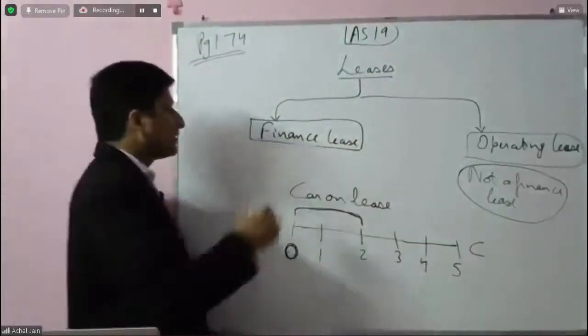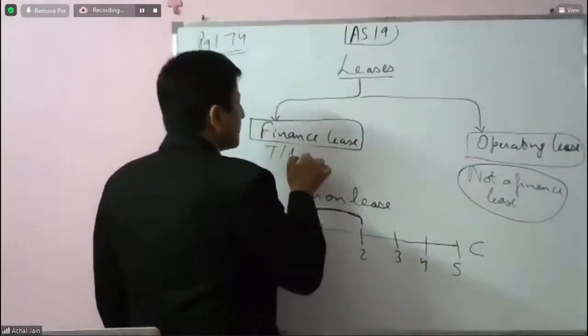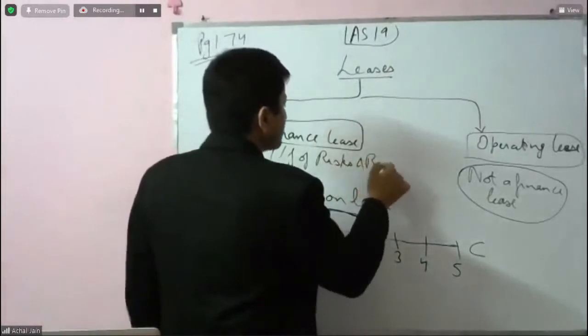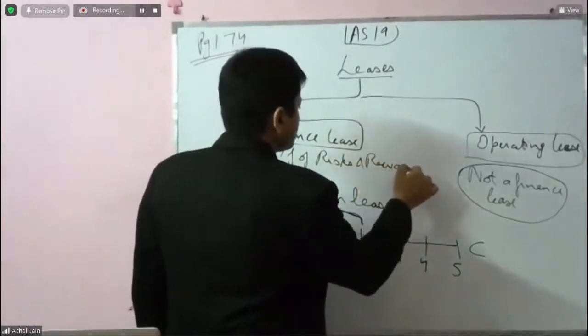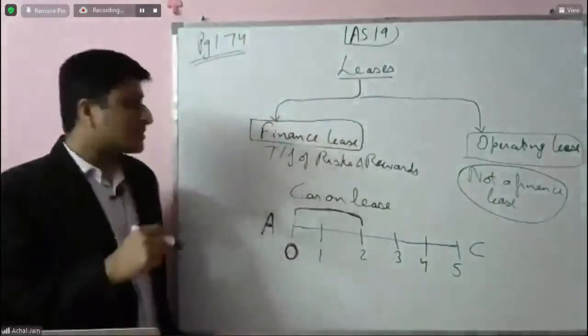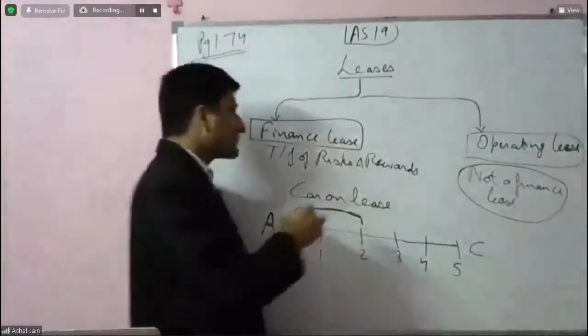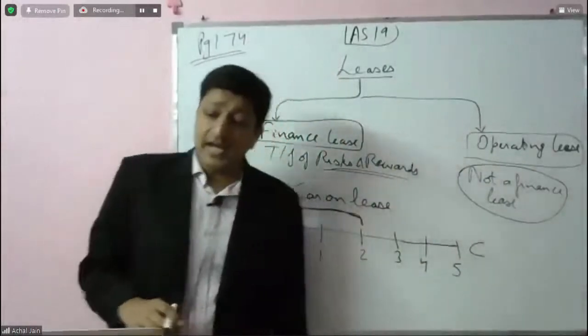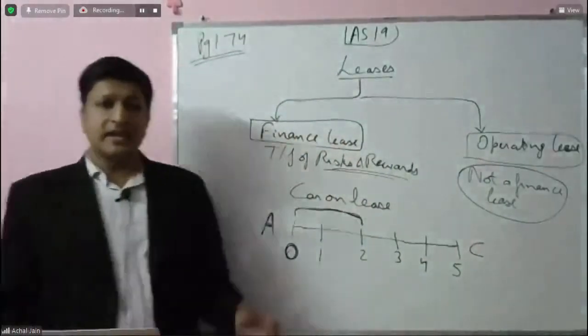What was that? Transfer of risks and rewards. What do we need to assess? Whether the transfer of risk and rewards has taken place or not, for which the standard gives us the indicators.